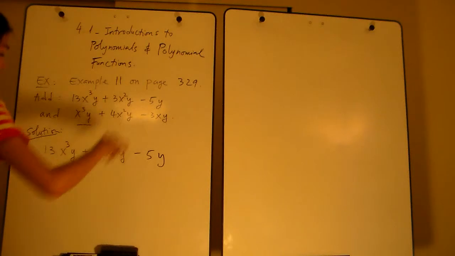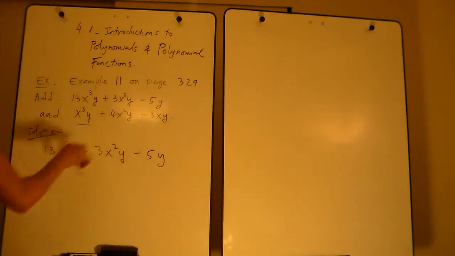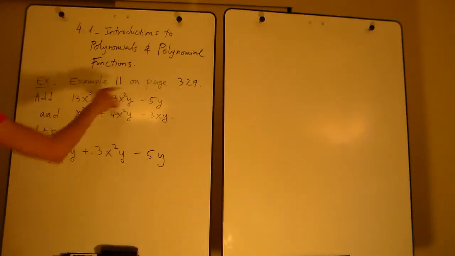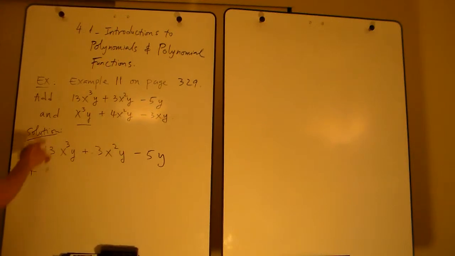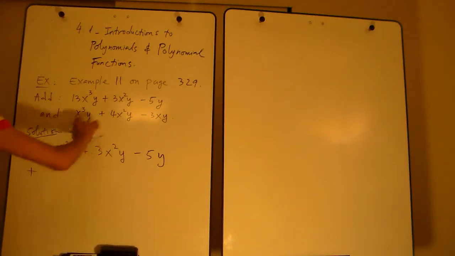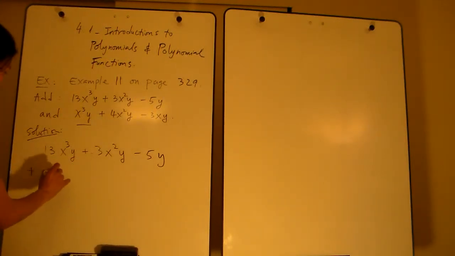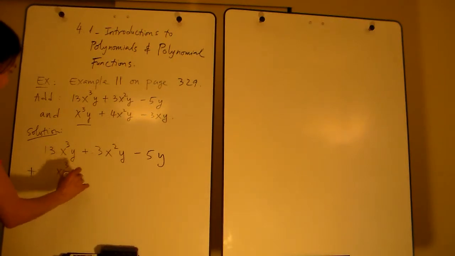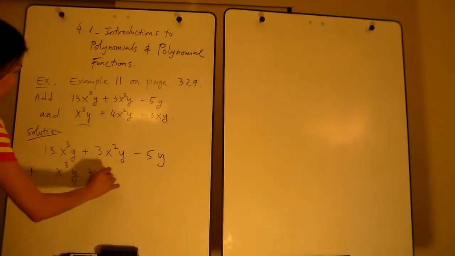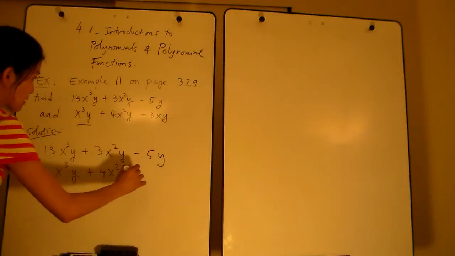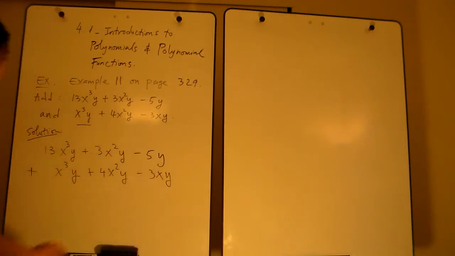I'm just copying the problem. We add this with this. So you add the second one right here, which is x to the third power y plus 4x squared y subtract 3xy. So the problem says that you add the two polynomials, okay?